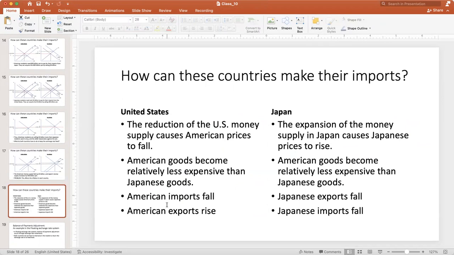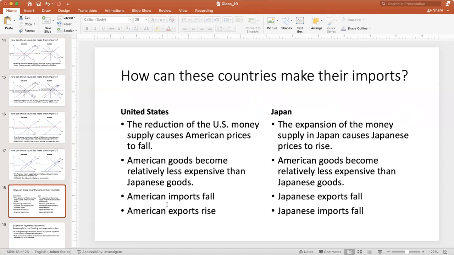So if they have to reduce the circulation of dollars in the economy, people will have less money in their pockets, so they cannot buy goods and services. And because they cannot buy goods and services, there is a reduction in the demand in their country.